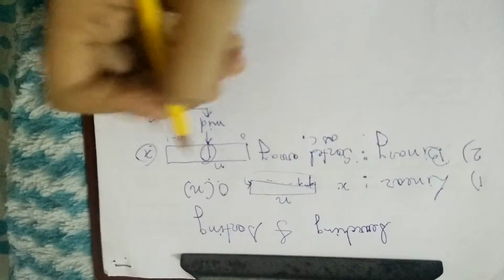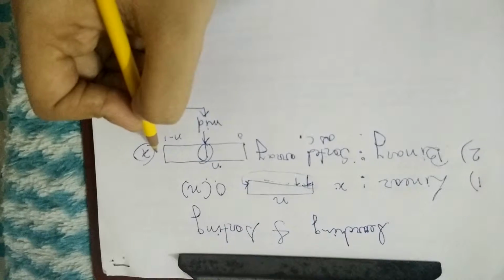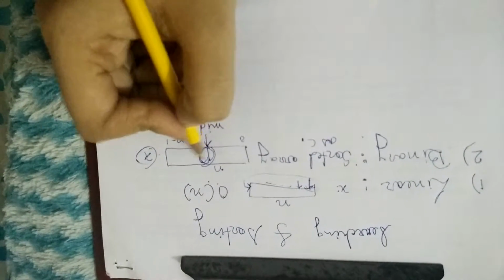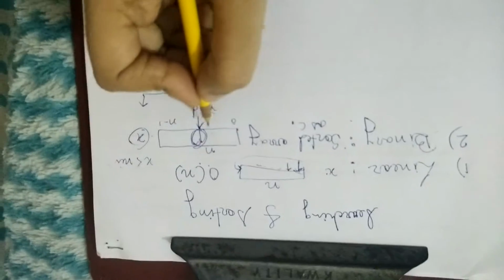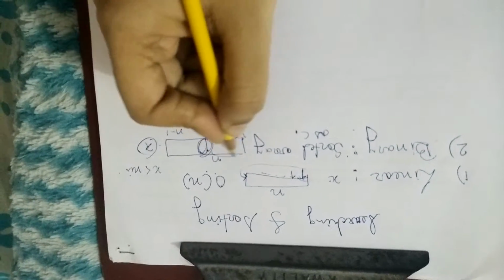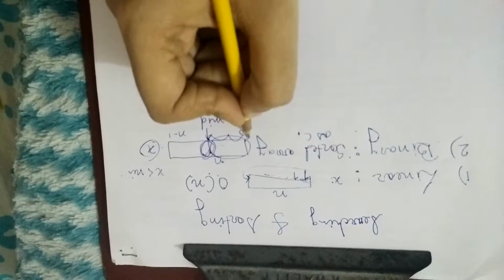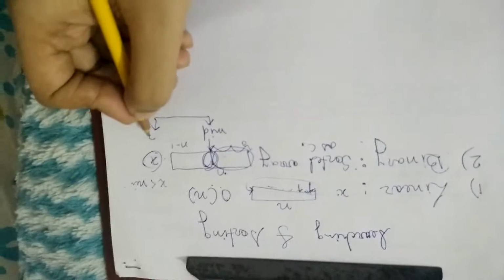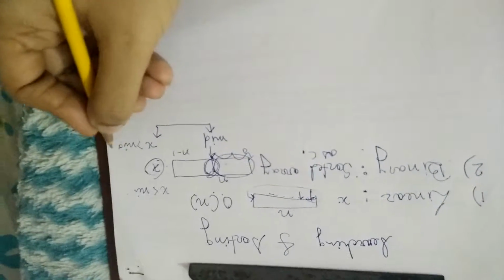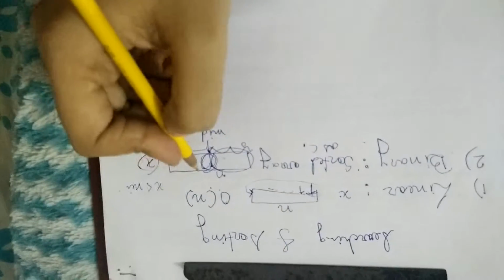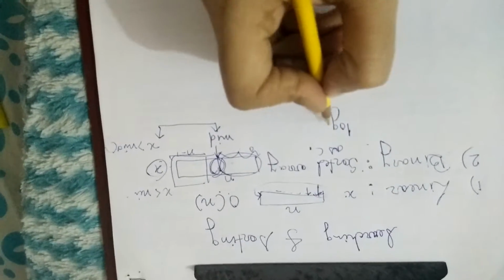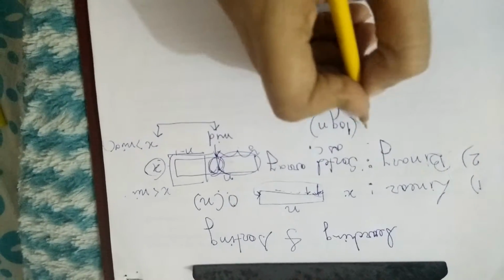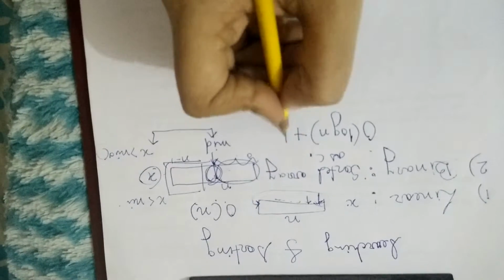Else, if x is less than the mid element, then we will search the remaining half of the array. If x is greater than the middle element, then we will search the other half of the array. So the complexity of binary search is order of log n plus 1.